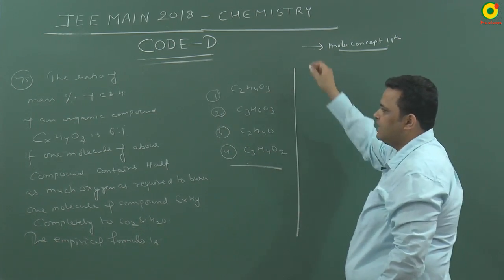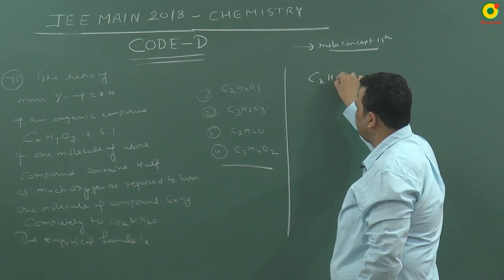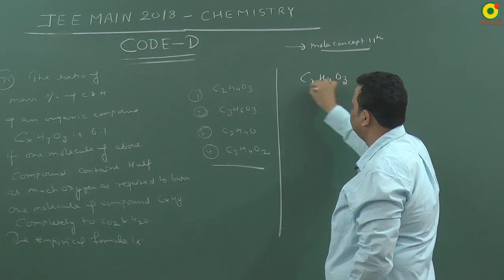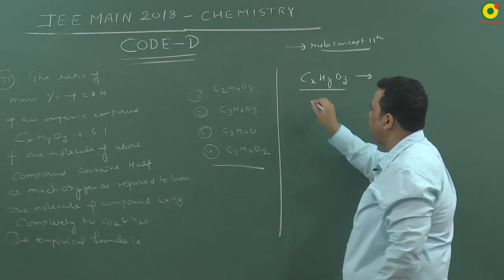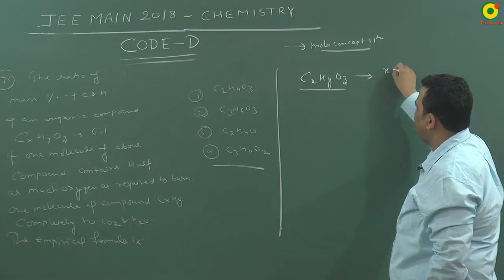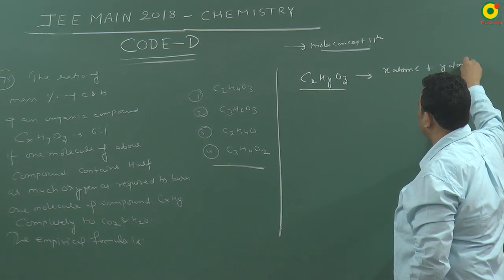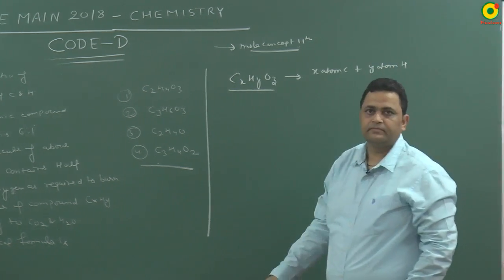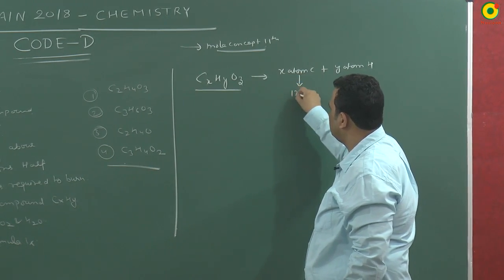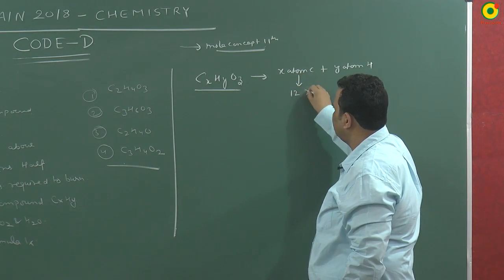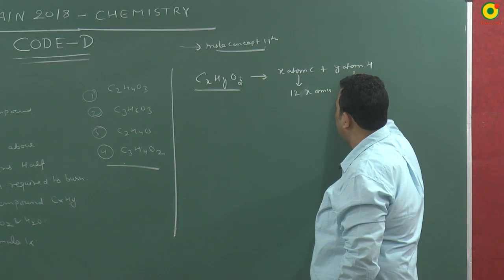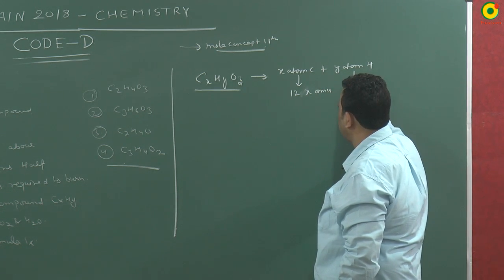So the first thing is that in CXHYOZ, X atoms of carbon plus Y atoms of hydrogen are there. X atoms of carbon means 12 X mu, and Y atoms of hydrogen means Y into 1 mu.